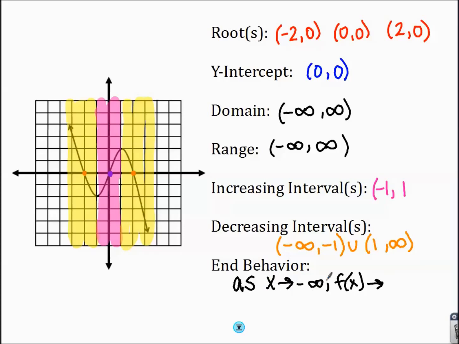As x approaches -infinity means on the left side of the graph, the arrow is pointing up, so f of x is approaching +infinity. And the second part of the end behavior, as x approaches +infinity, f of x approaches, this statement refers to the right side of the graph, which is pointing down, so f of x approaches -infinity.